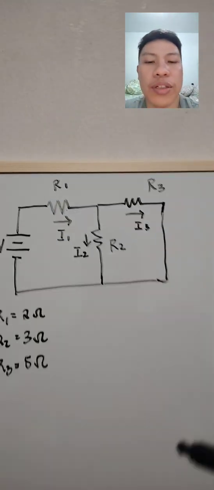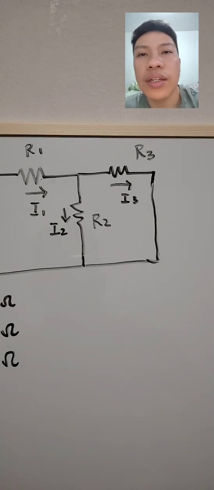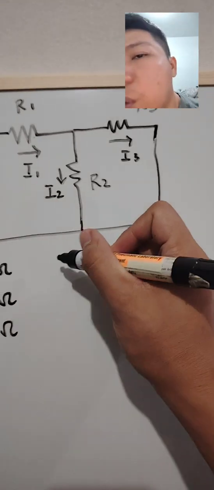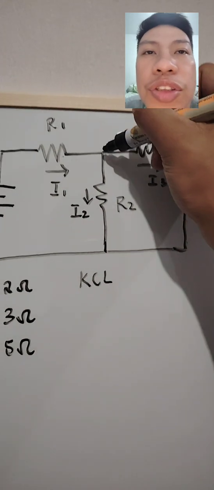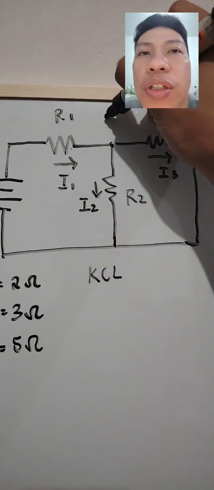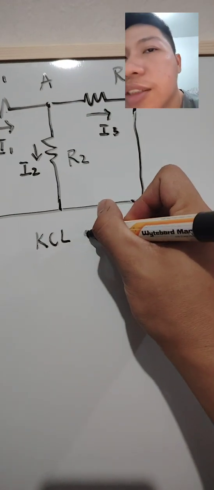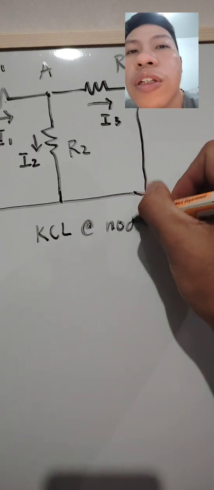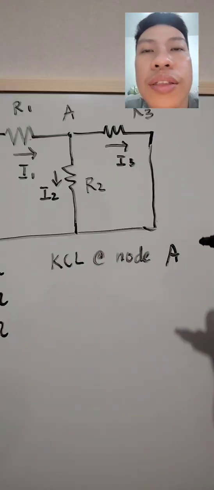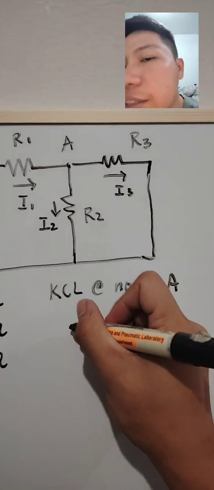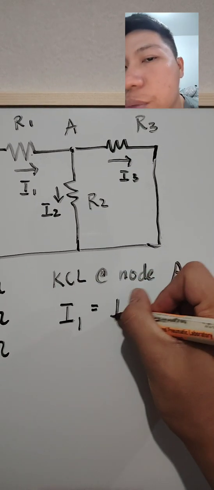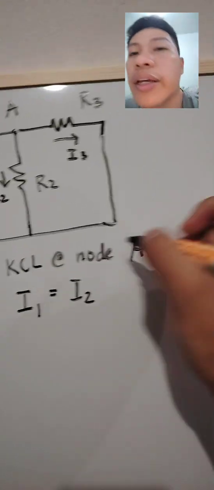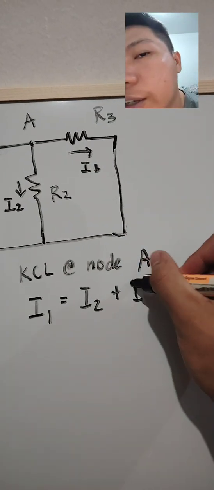So therefore we can create an equation, and this is actually Kirchhoff's law. Let us assign this junction here and call it node A. So KCL at node A. Again, that is I1 is equivalent to I2 and I3.